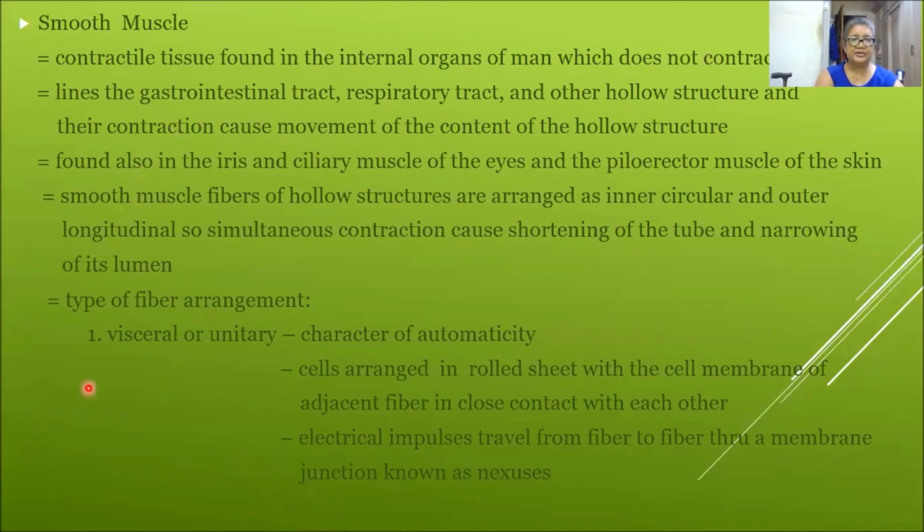This is found also in the iris and ciliary muscle of the eyes and the piloerector muscle of the skin. Now, these smooth muscle fibers in hollow structures are arranged as an inner circular and outer longitudinal layer, and a simultaneous contraction of these causes shortening of the tube and narrowing of the lumen.